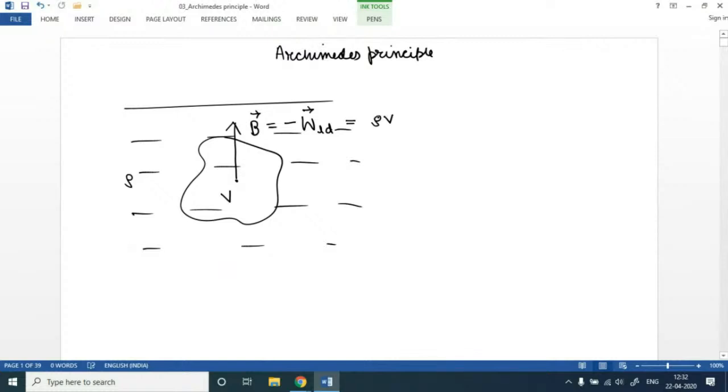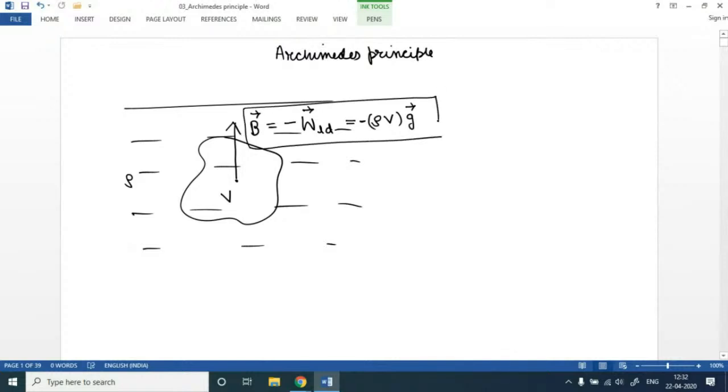So rho times V would be the mass of displaced liquid, and that multiplied with g gives you the weight, and the negative of it. If gravity is downward, the buoyancy will be upward. So this relationship gives us the expression for buoyancy.